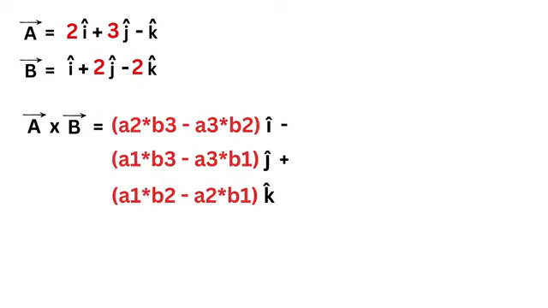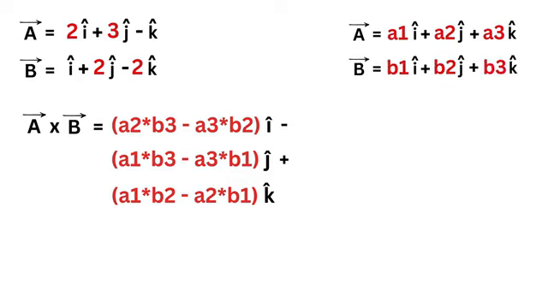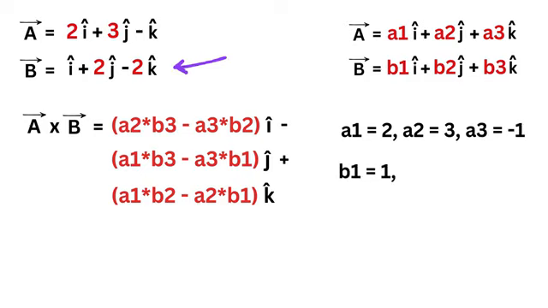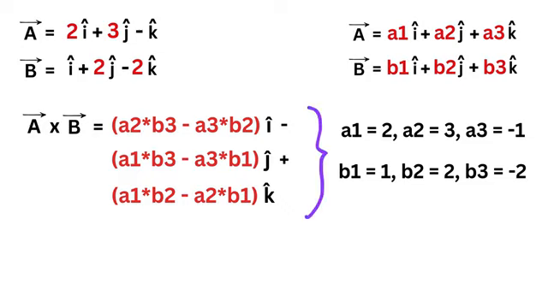The cross product is given by this formula, where A1, A2, and A3 are the components of vector A, and B1, B2, and B3 are the components of vector B. In our case, A1, A2, and A3 are these, and B1, B2, and B3 are these. Let's plug these values into the formula to get A cross B as minus 4i hat plus 3j hat plus k hat, and this vector will be perpendicular to both A and B vectors.